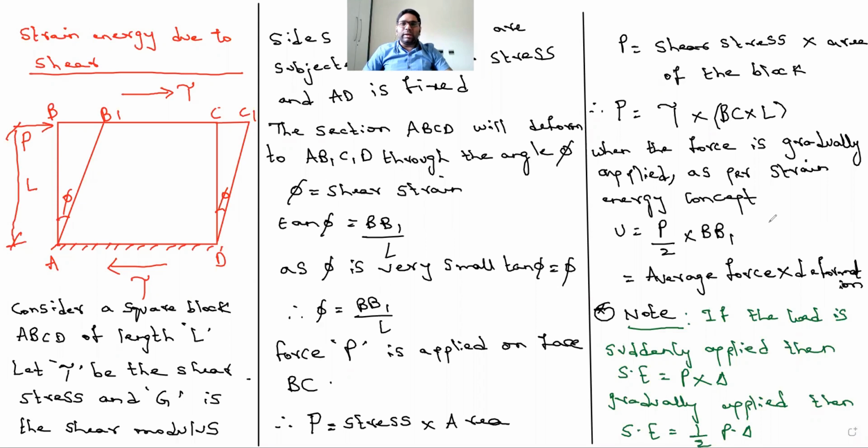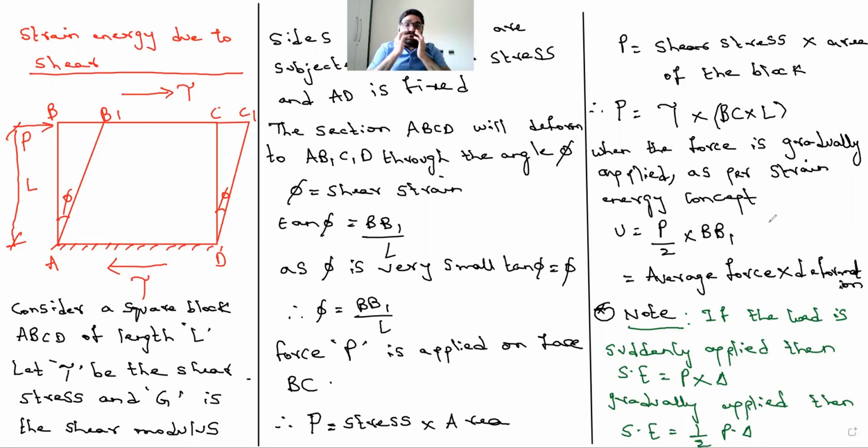Another example is our buildings. If you take our buildings, we will design them for a constant load. But sometimes when you go to offices or industries or any supermarket, some extra items will come into the picture. So the load will be gradually applied. The load need not always be the full load. It is the average load, and that average is P by 2.